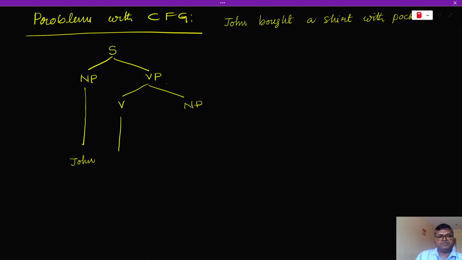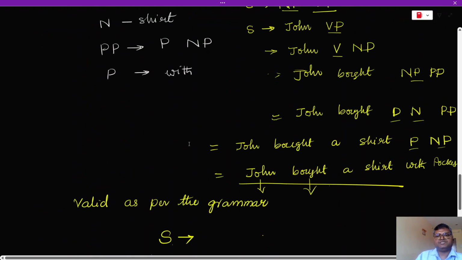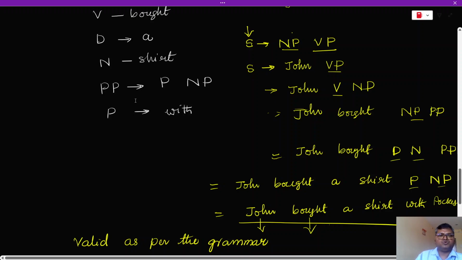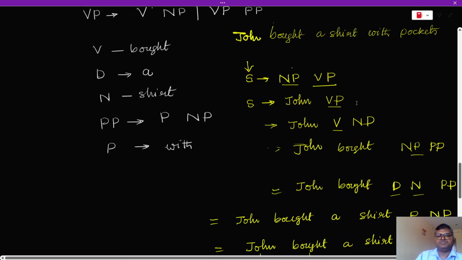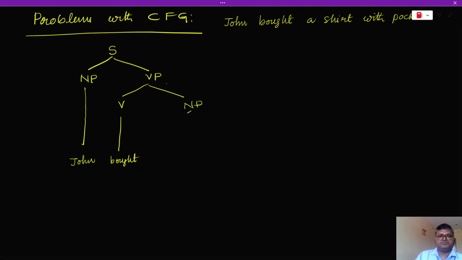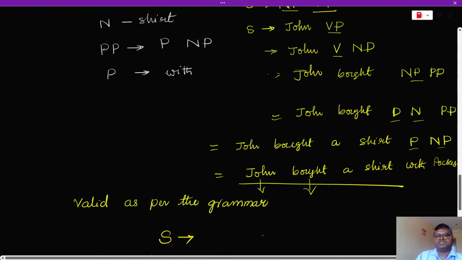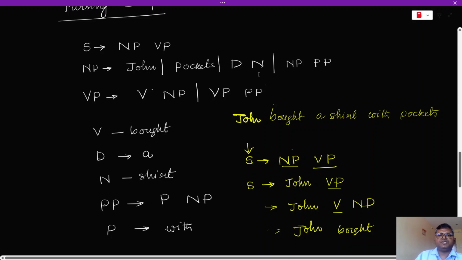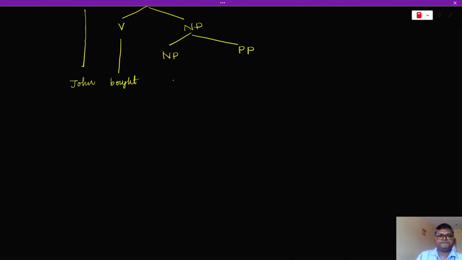And verb I can replace with bought, and noun phrase I can replace with noun phrase and preposition phrase. And a noun phrase can be written as determiner and a noun, where this determiner is a, and this noun is shirt.